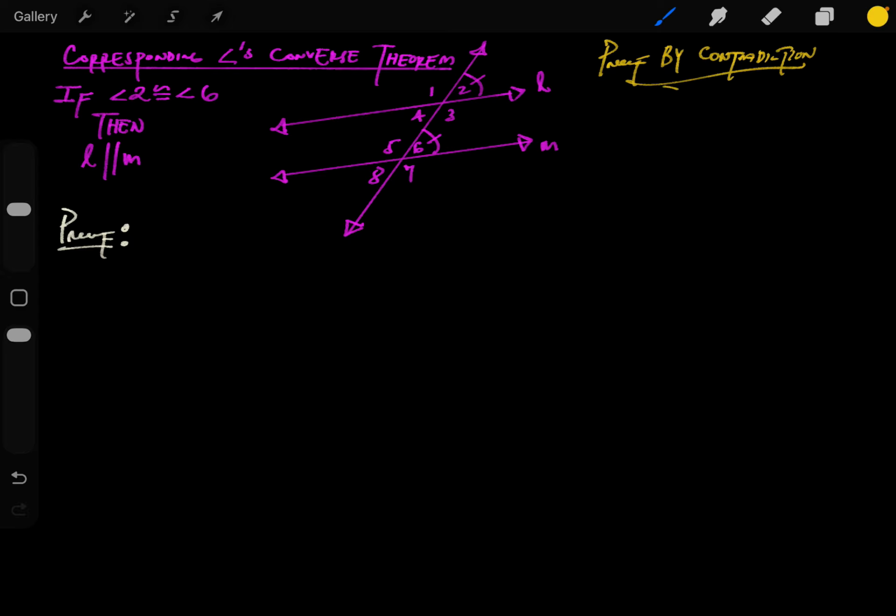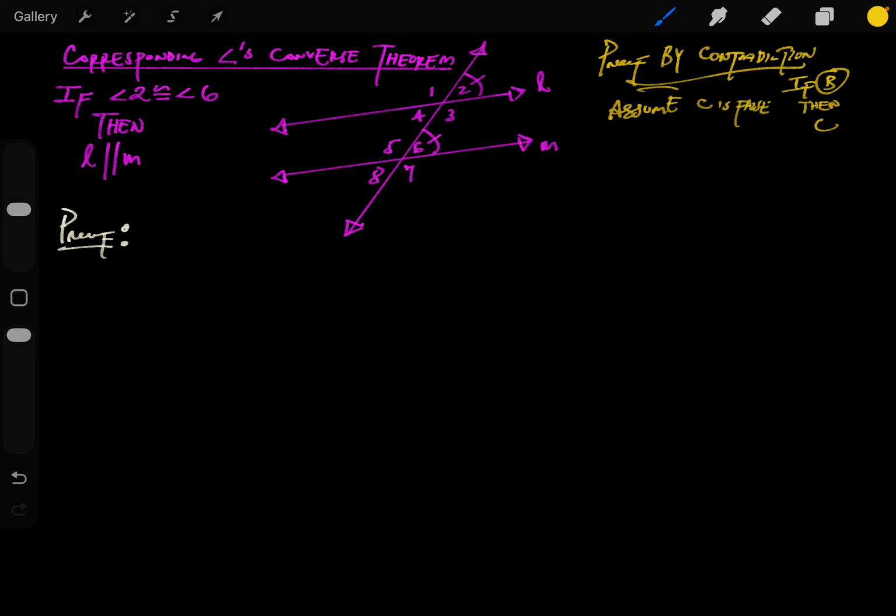So proof by contradiction, what does it mean? Say you have something that says if B, then C. You have B is true, and if B is true, then C is true. You want to start off with saying B is true, and you assume C is false.